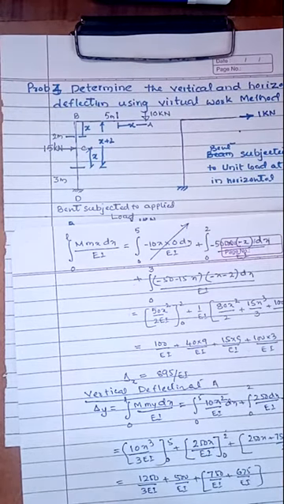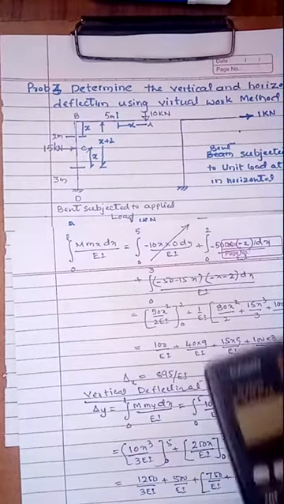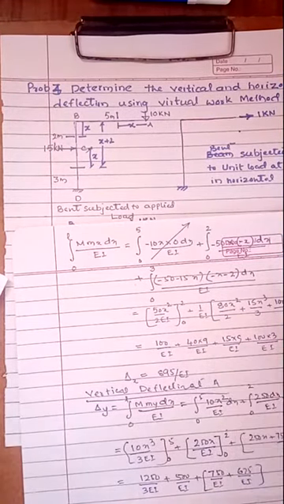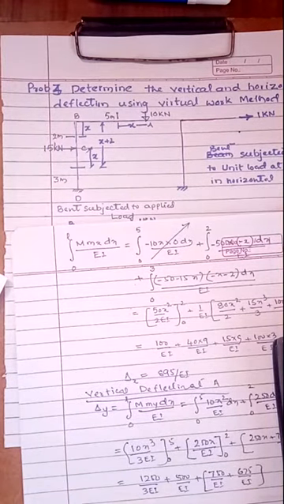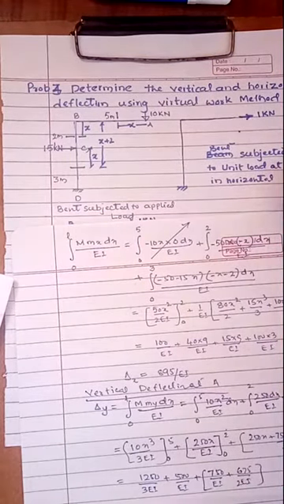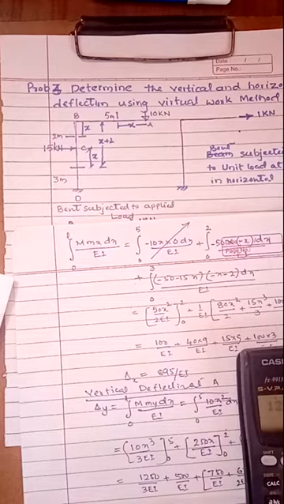Here the deflection at A in the vertical direction, if we add all these, we get the total deflection: 1250 by 3 plus 1250 plus 675 by 2.